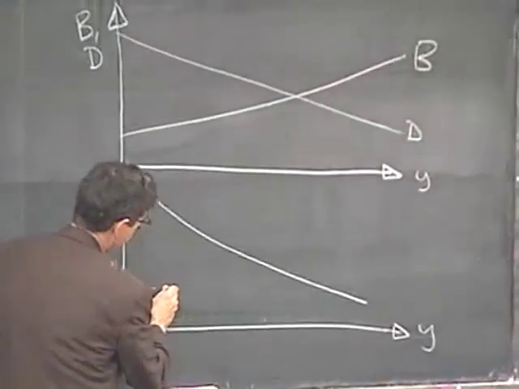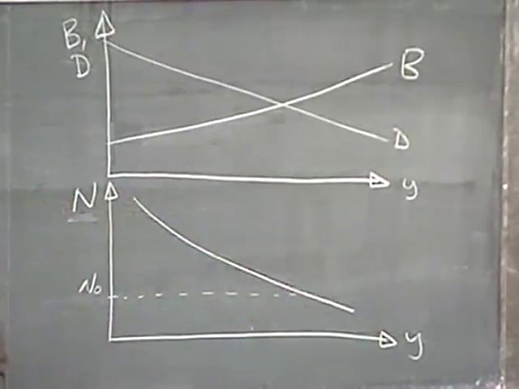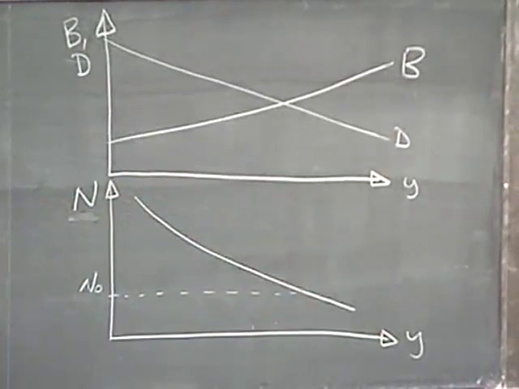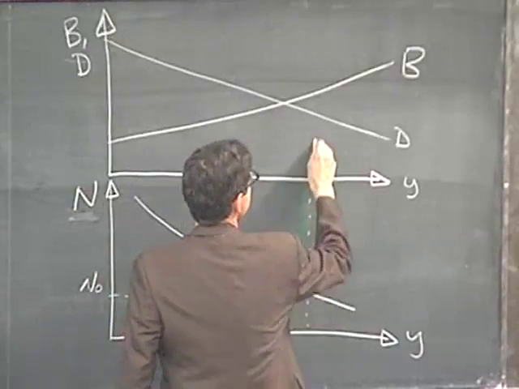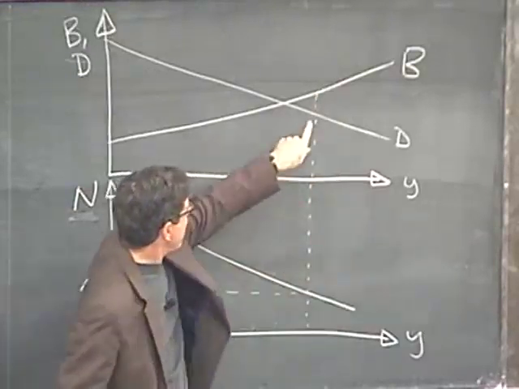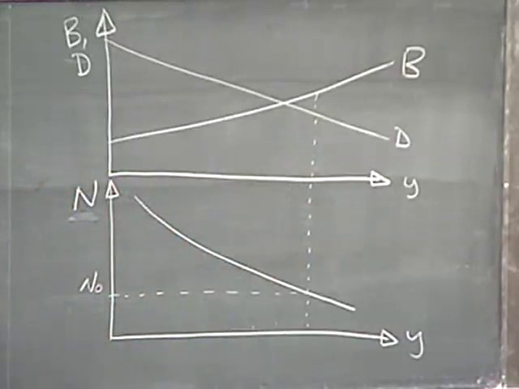Well, at that level of population, people are going to be living well. There's lots of land per person, and there's lots of output per person in this society. And because people are living well, what's going to happen is that the death rate in the society is going to be relatively low. There's lots of clothing, there's lots of housing space, there's lots of nutrition for people.